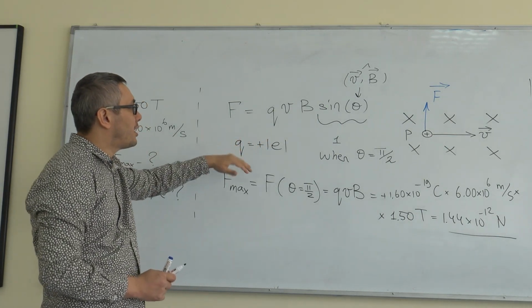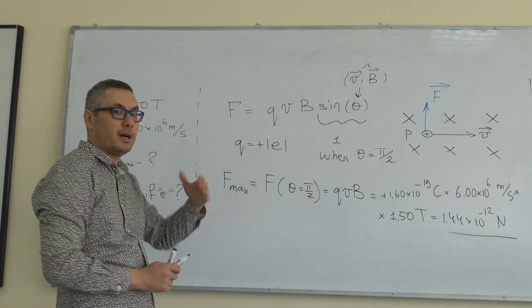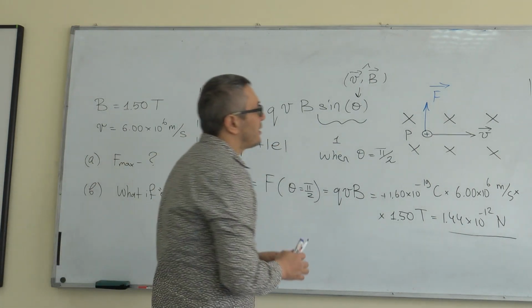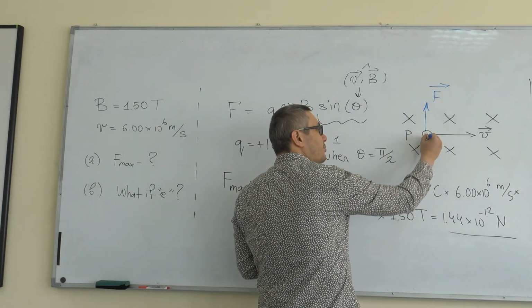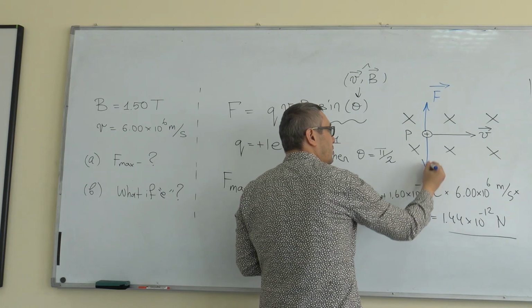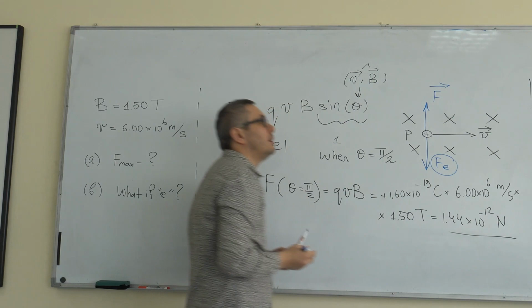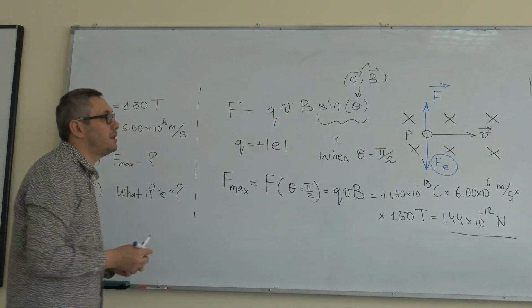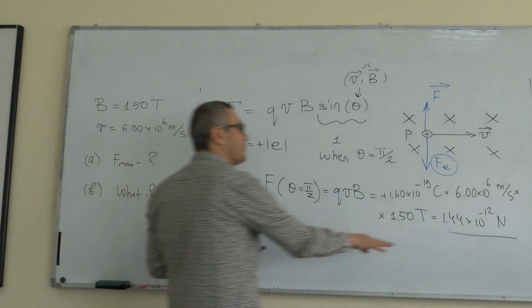Now we know that the charge of an electron is exactly the same as this one, but negative, which means that the force on the electron will be pointing in the opposite direction. This would be the force acting on the electron, so that would be the difference. The magnitude, however, will stay the same.